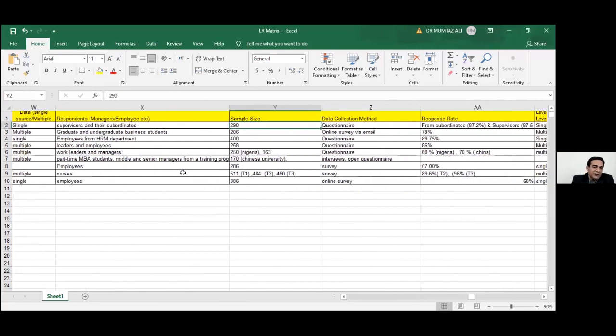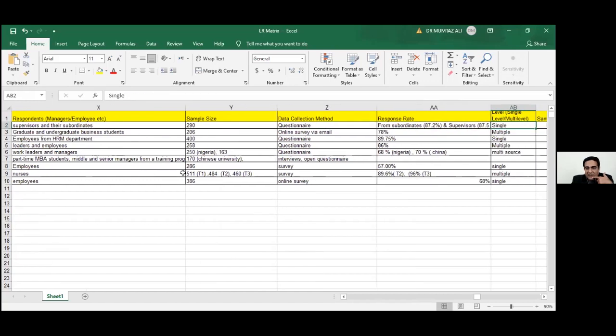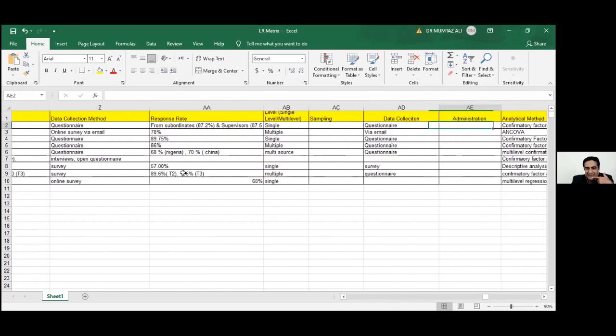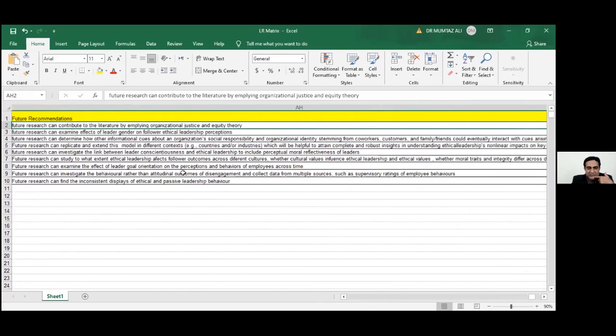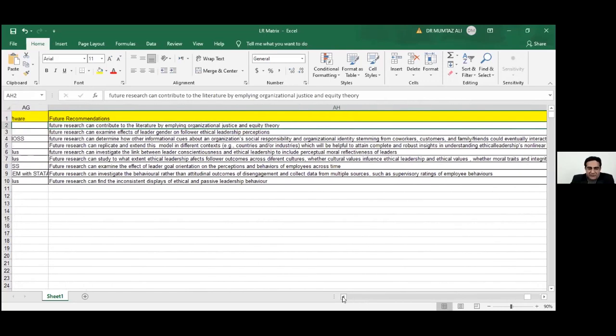Then we have data collection, where there is an individual level, or they have multiple sources of data, so we use that one as well. And then response rate, sampling techniques. And then at the end, the most important thing is the future recommendation.